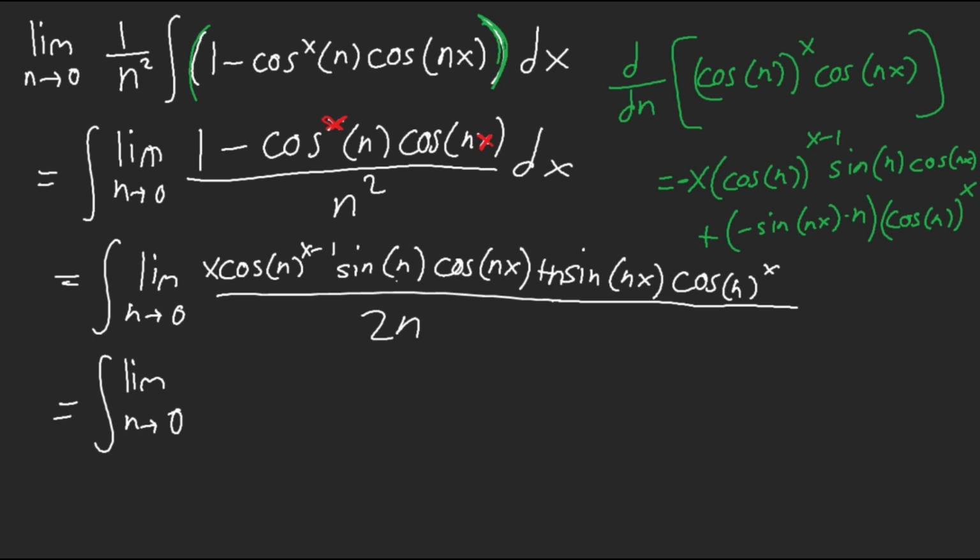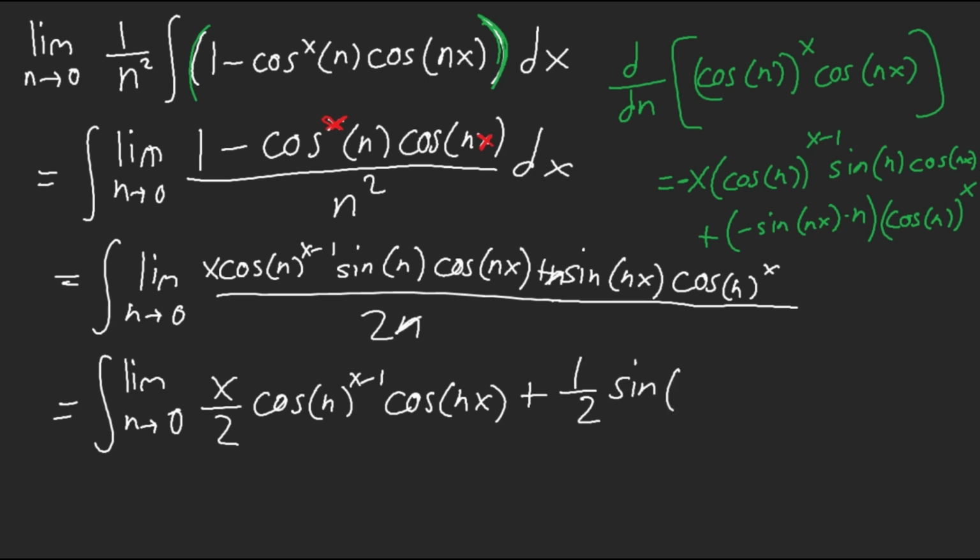So sine of n, here we have n. So I'm going to separate this, x over 2. We have cosine of n, x minus 1, cosine of nx, plus, and then n gets cancelled out by this. So we have a half of sine of nx, cosine of n to the power of x.